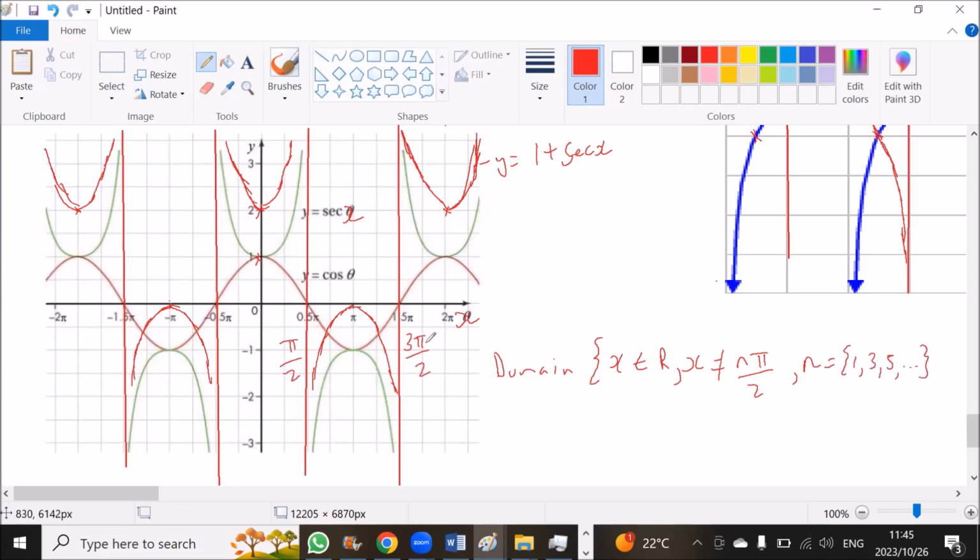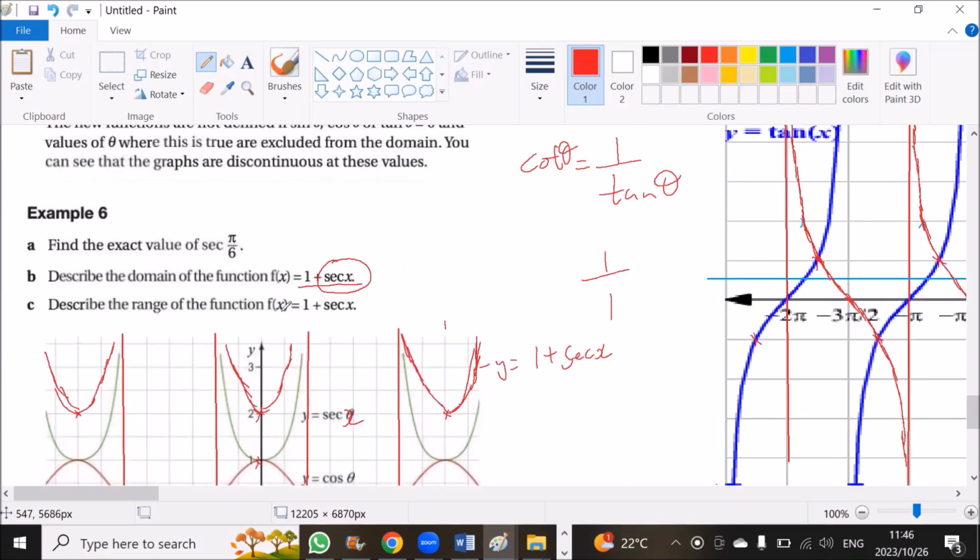So we are looking at odd multiples of pi over 2 are excluded. Okay, so x is an element of real numbers, but not odd multiples of pi over 2. So this should also be in the negative. So we should say n is equal to plus or minus 1, 3, 5, and so forth.